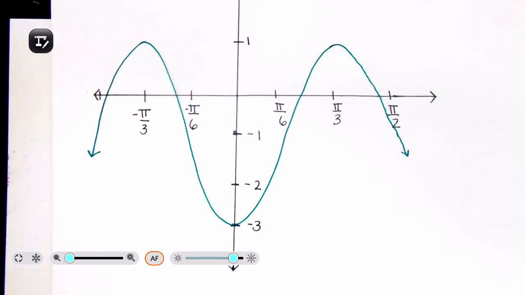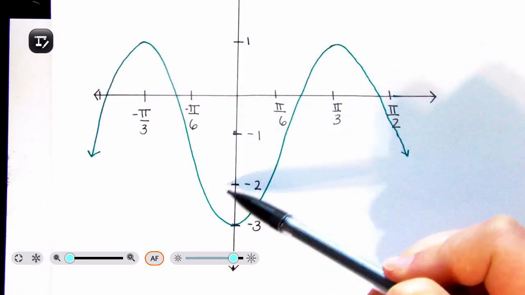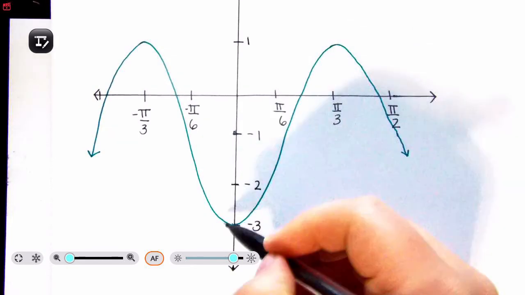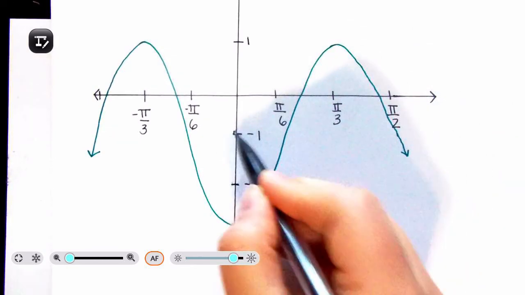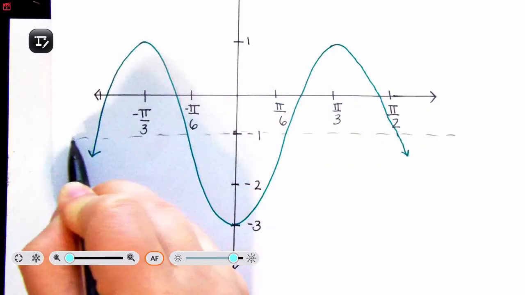I still have my steps in front of me. Step number 1 is identify and label your midline. Again, if you want to use the formula max plus min divided by 2, you can. I don't do that. I just count. I have 1, 2, 3, 4 jumps between my maximum and my minimum. That means 1, 2 jumps would be my midline. Again, I'm just counting distance.